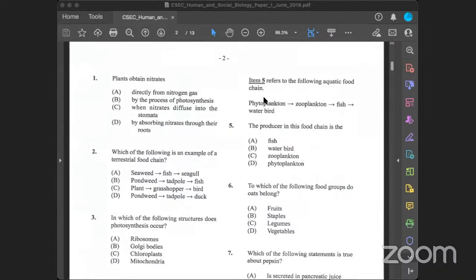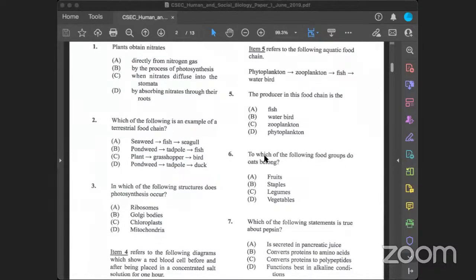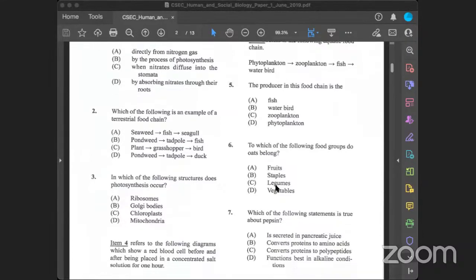Who's making the energy, right? The start of the food chain is often the producer. So you have D there. Hmm. What food groups do oats belong to? Staples. Yeah, staples, but you can also see some of your videos saying legumes. It's a tough one between the two, actually. Well, I will say, yeah, staples.